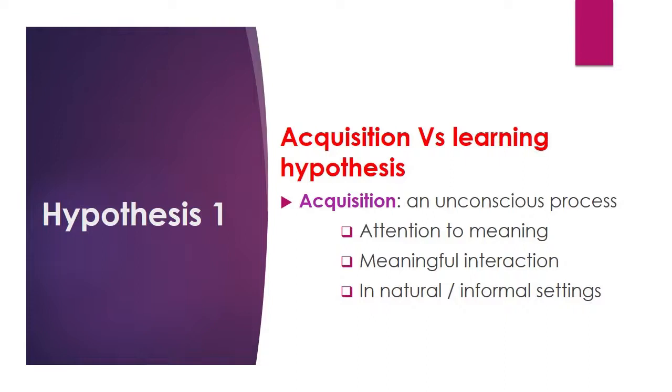According to Krashen, language acquisition happens when learners are engaged in meaningful interaction in informal, natural settings where they pay attention to meaning more than form. For instance, Amazigh children usually pick up Arabic while playing with their Arab friends on the street, with no need for teachers to explain the rules and provide feedback.